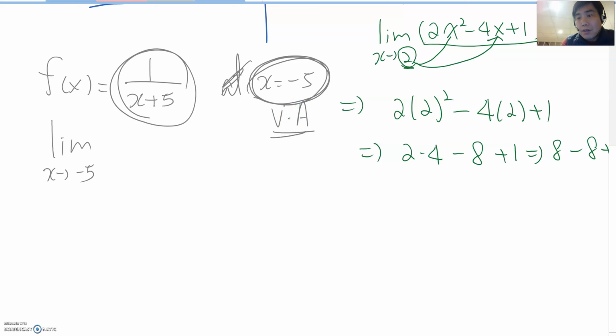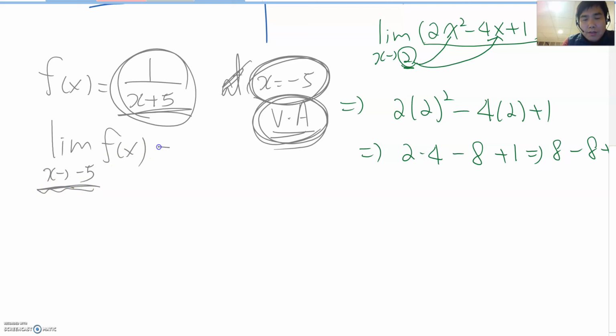The vertical asymptote divides this function graph into two different groups, one on the negative side and one on the positive side, so obviously they are not continuous. Make sense to you? Therefore, the limit as x approaches negative 5 of f(x) is undefined, or no limit, basically. Am I making sense to you?